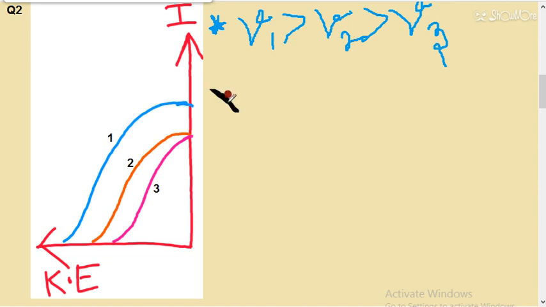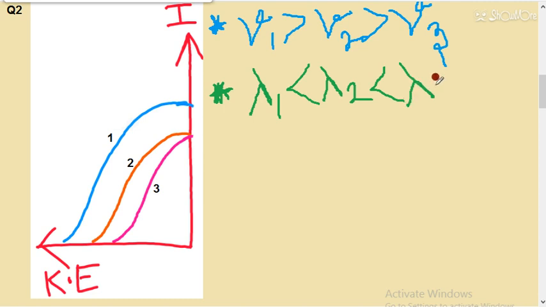So now from this relation, okay, let me take the green marker. Okay, so from this second expression, lambda will be different. Kinetic energy is not common for anyone. So lambda 1 is less than lambda 2 is less than lambda 3.